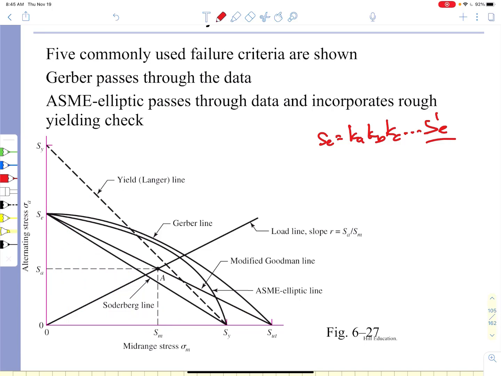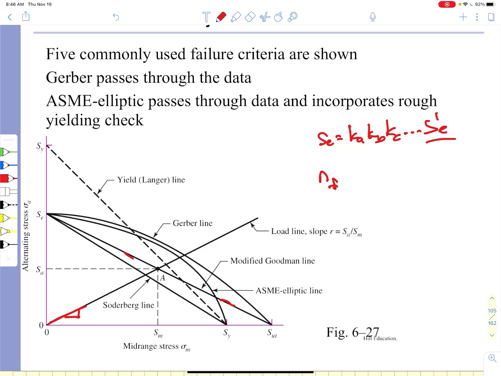The other thing that we are doing with this diagram is we're using it to find our factors of safety. So we're trying to find fatigue factors of safety by using these diagrams. Well, let's imagine that we're looking at the modified Goodman line right here, and we identify a loading line, and the loading line is going to have a slope which is equal to the rise over the run.